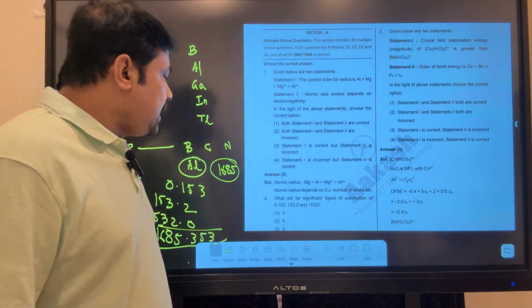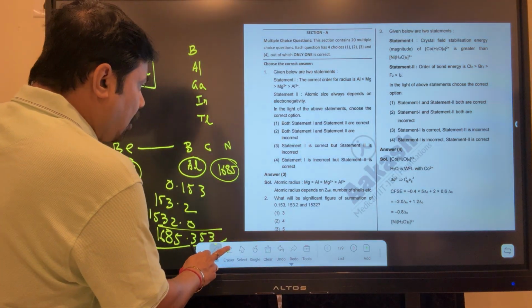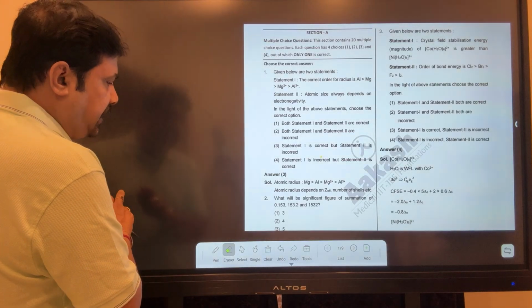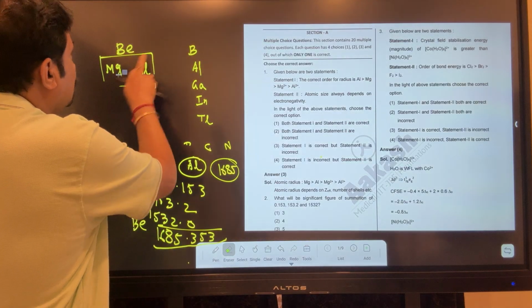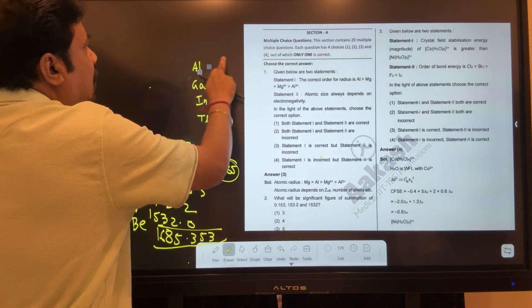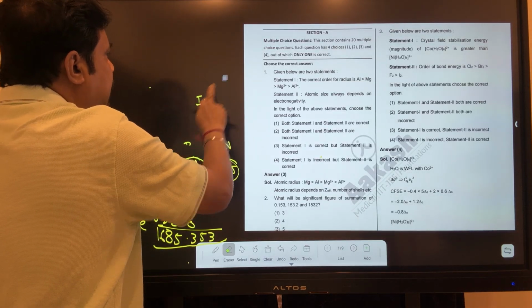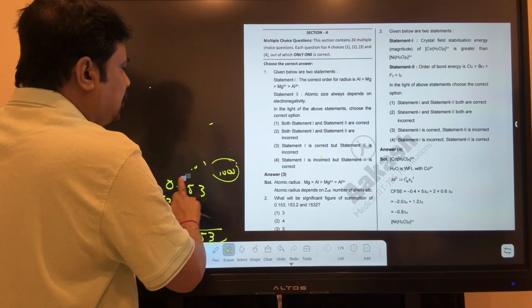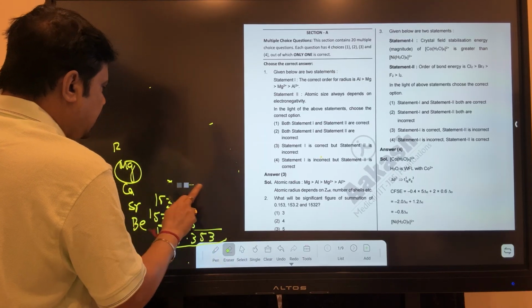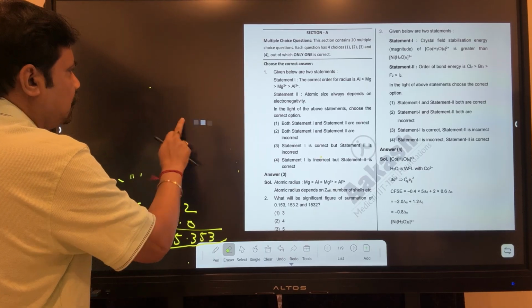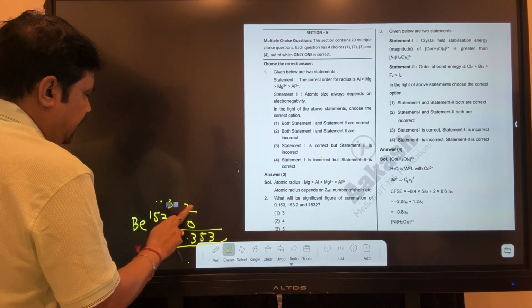Now if I look at the octahedral complex splitting, what will you get to know over here? Look carefully. We know very well that in an octahedral complex, the degenerate set of five d orbitals will be split into two levels due to the octahedral field, and you will get the T2g and Eg.